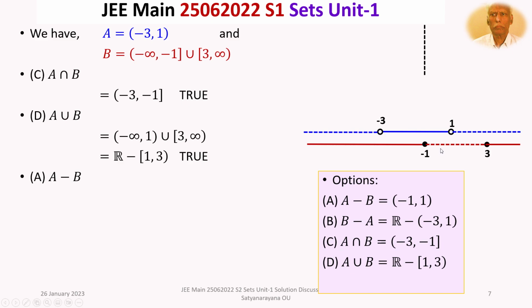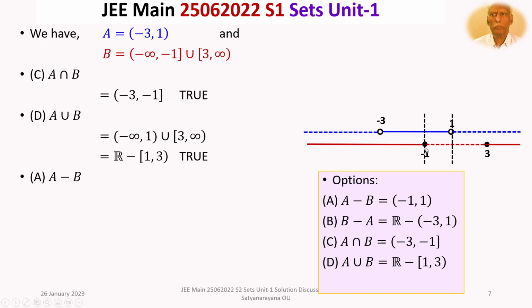This one is in A but this is not in B, and that is A minus B. Here this is the only portion, the elements which are in A but not in B, means this portion only.